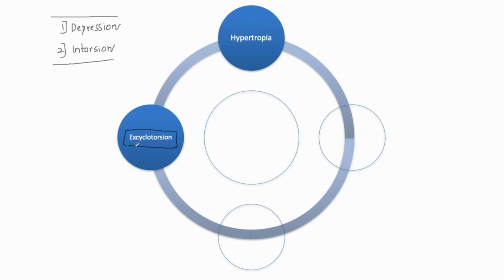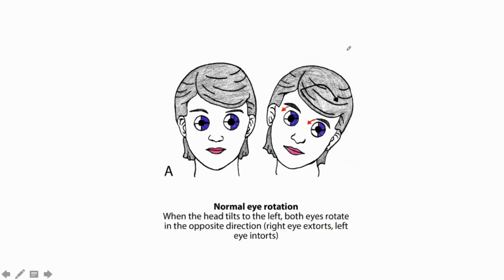They only complain of vertical diplopia. But if you want to diagnose this condition, we perform a test called head tilt test. So they may ask an MCQ. Head tilt test helps in diagnosis of fourth nerve or trochlear nerve palsy. Let's look into the details of intorsion, what happens if intorsion fails, and what is this excyclotorsion.